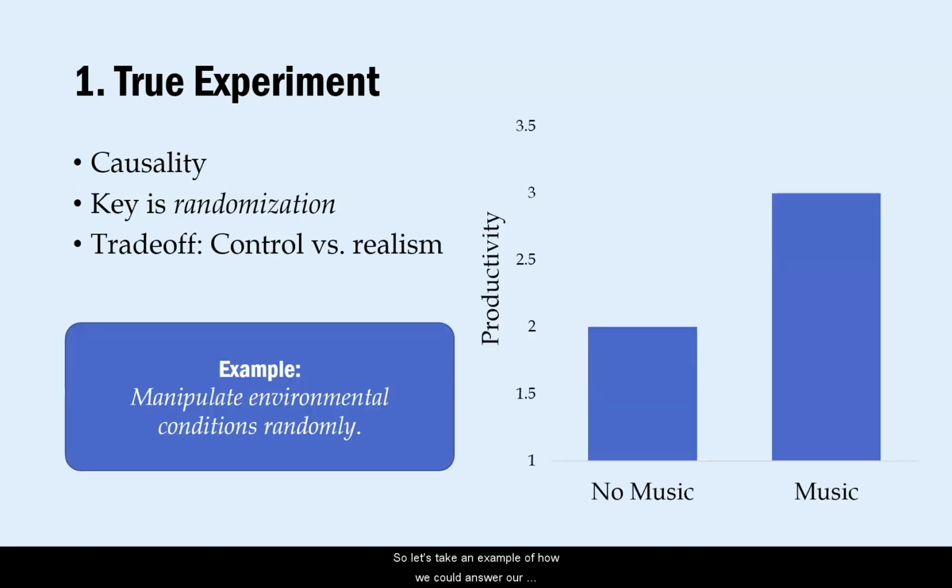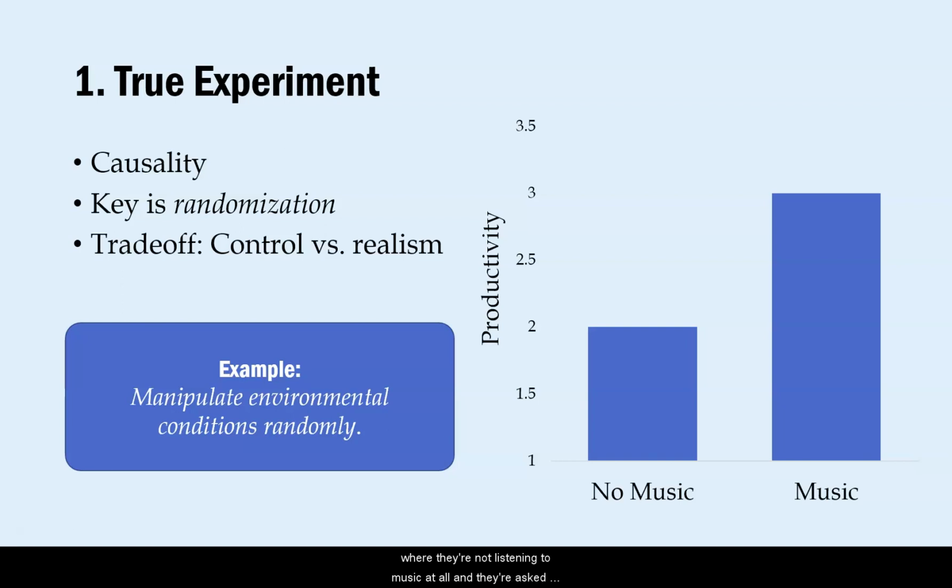So let's take an example of how we could answer our research question using a true experiment. So again, our question is, does listening to music in the workplace increase productivity? And what we could do is create an experiment where people come into our laboratory or into a particular room, and we every single time randomly decide which version of the experiment they're going to experience.